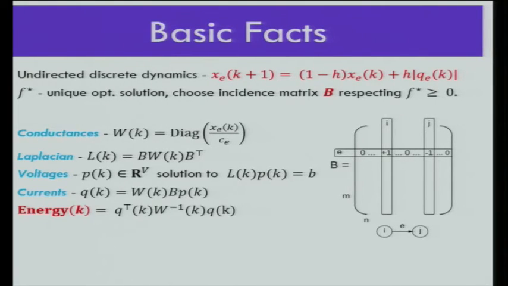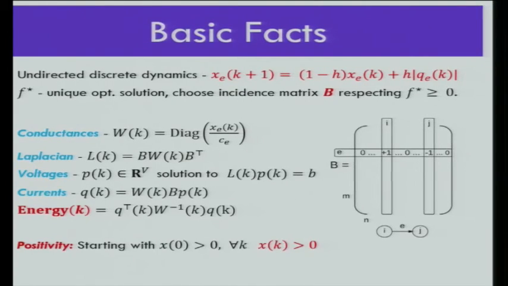And finally, for every electrical flow, there is a natural notion of an energy, which is really the energy dissipated by the electrical circuit. One can define it to be this quadratic form in the currents. This is really just the sum over every edge, current times the potential difference.